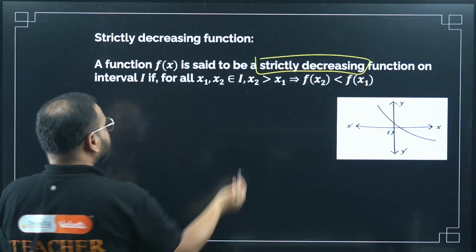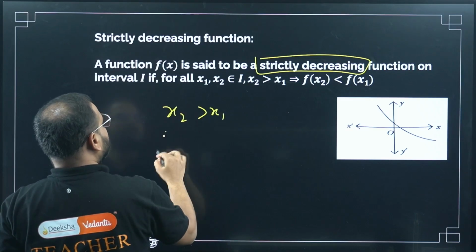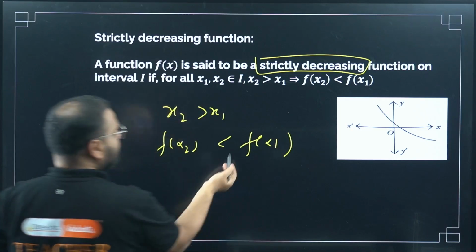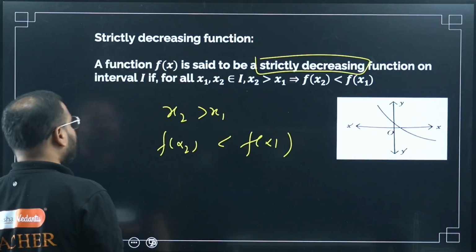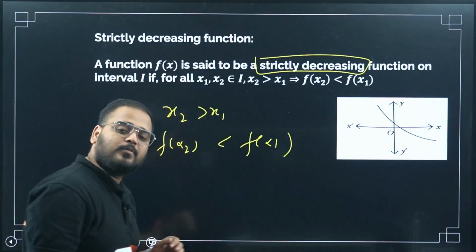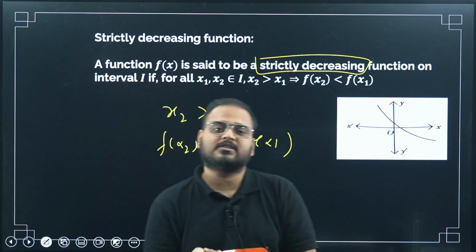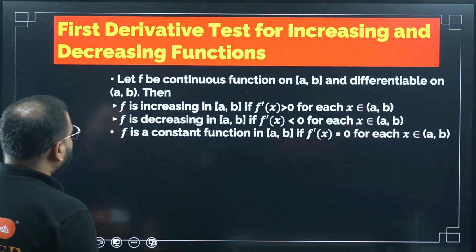What's the condition here? x2 greater than x1, then f(x2) will be simply less than f(x1). There will be no equal to sign. Here there was an equal to sign, less than or equal to, but in this case I will not have any equal to sign. I hope this is clear. I hope the definition of decreasing and increasing function is clear, and you're able to relate with the graph. Okay, let's move ahead.